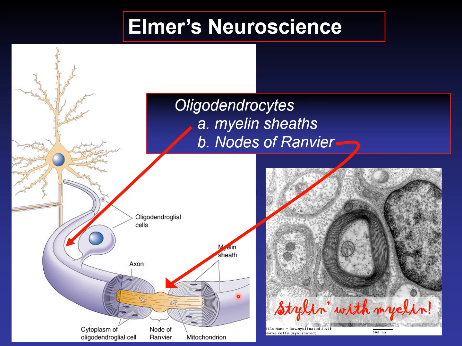So this happens down the axon: myelin sheath, node of Ranvier, myelin sheath, node of Ranvier, myelin sheath, etc., until you get almost to the axon terminal, and that's where they stop. Over here on the right, we can see a photomicrograph, a cross section of an axon.